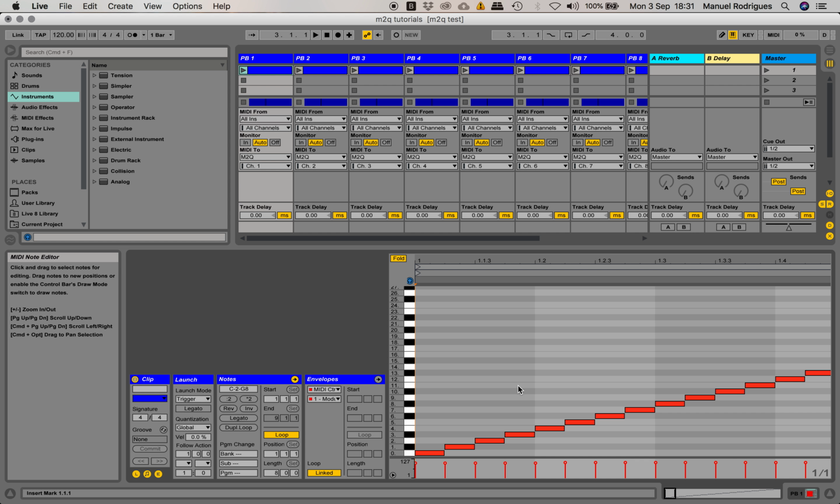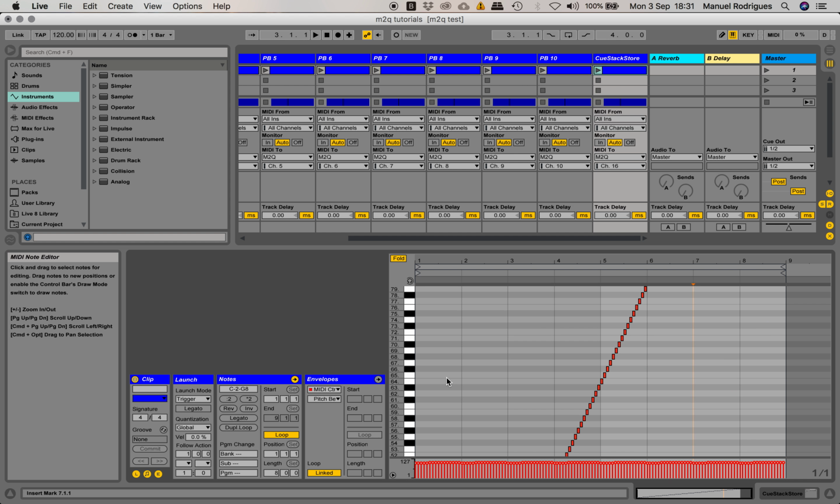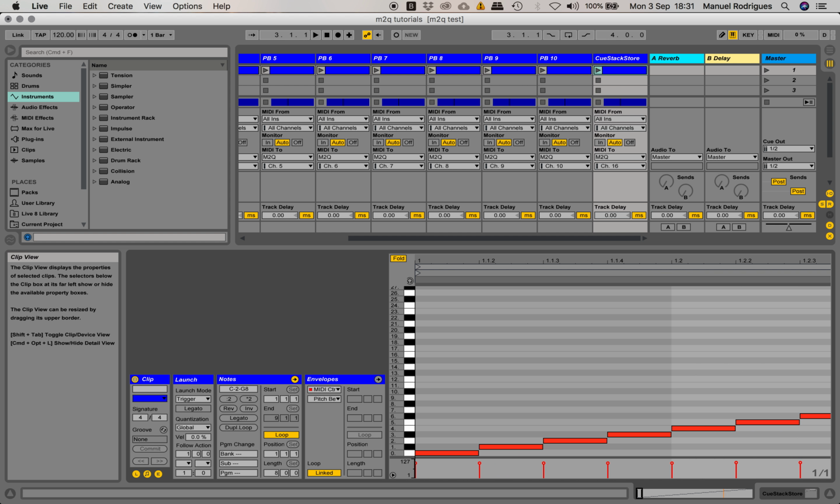When we are programming lights as a lighting designer and we only listen to the note start message, we can't do that. But we can do that when we are triggering cues in the CueStackStore. When a MIDI note is played, a cue stack in the CueStackStore is activated, and when the note ends, the cue stack is released.